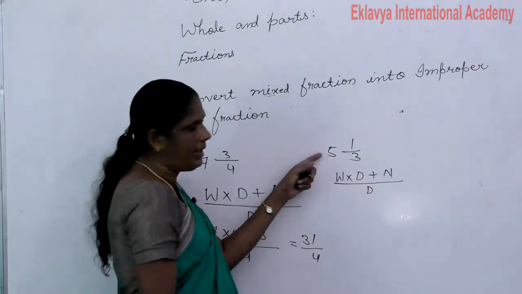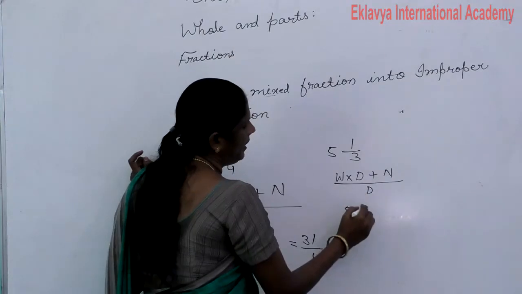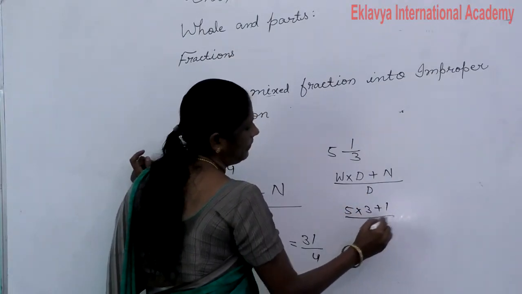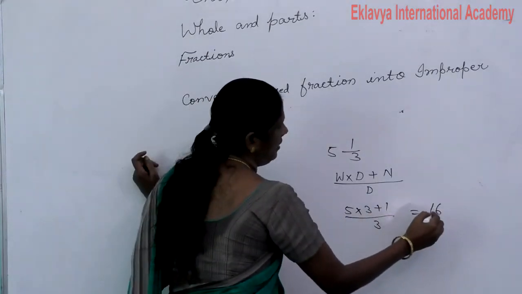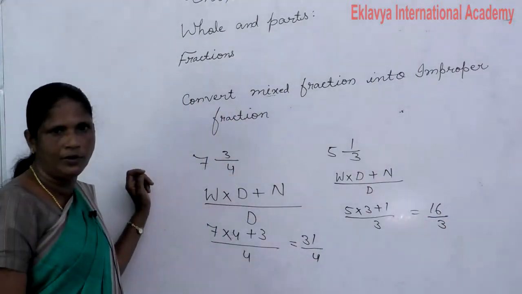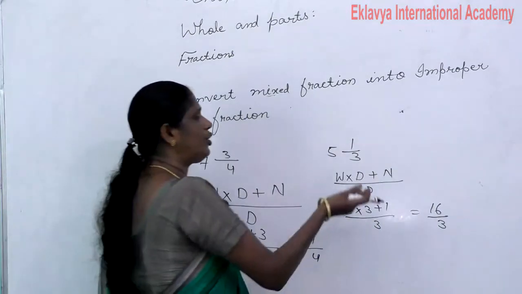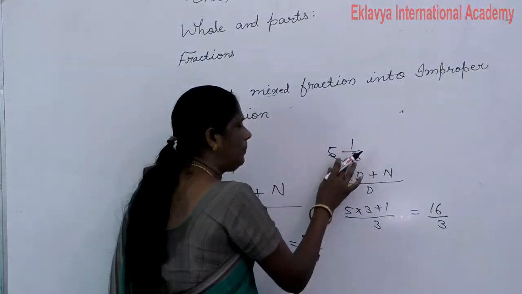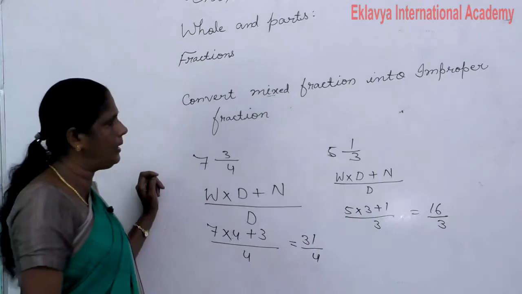Our whole number is 5. 5 multiply 3 plus 1 upon 3 is equal to 16 upon 3. All students understand? You directly solve this: whole number multiply denominator plus numerator.